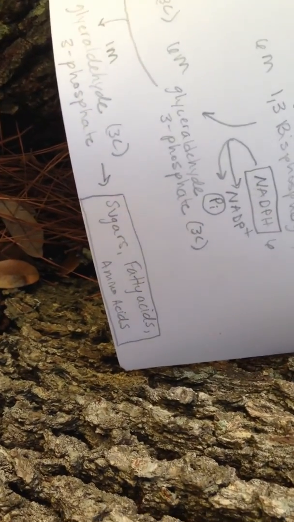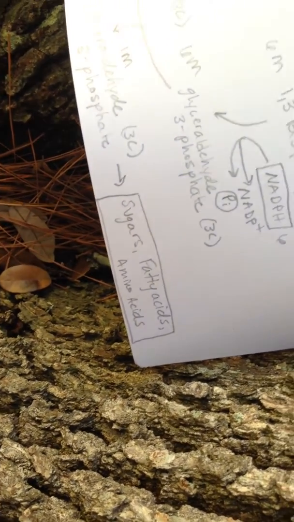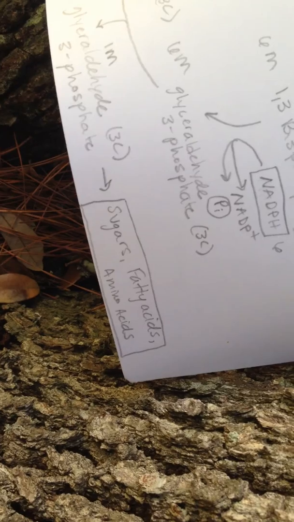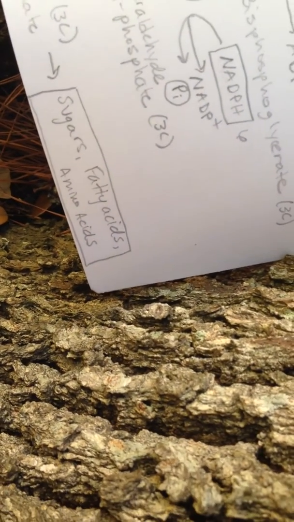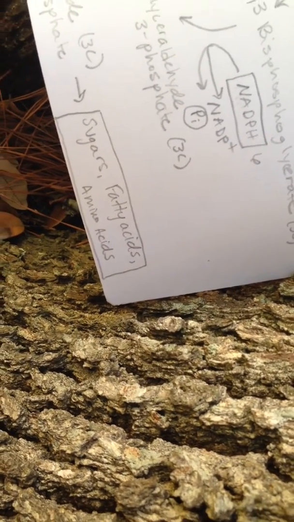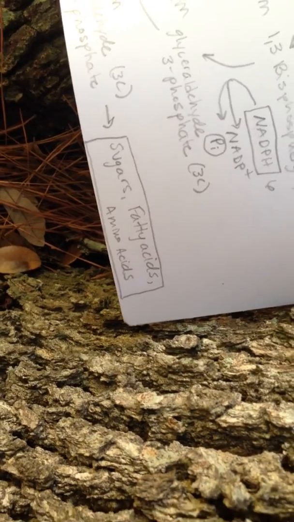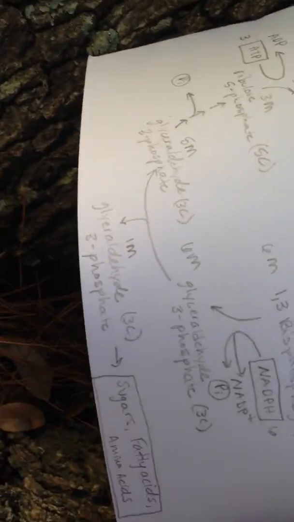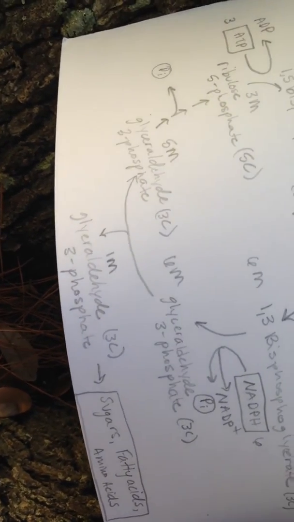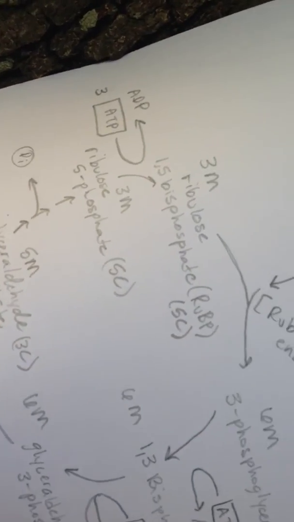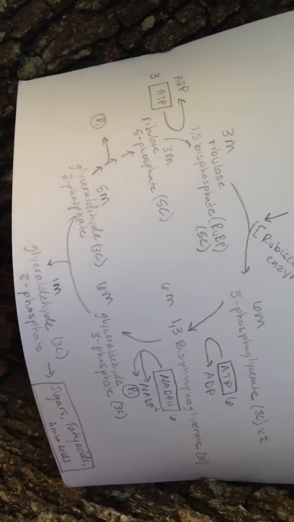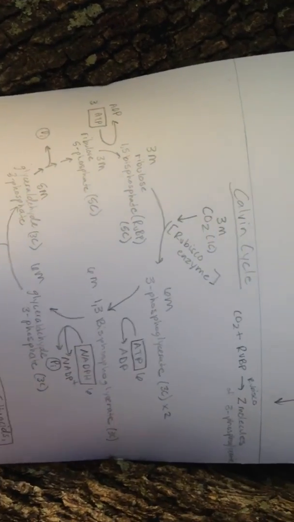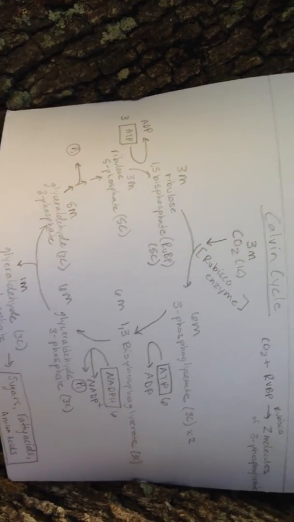That could go to cellular respiration, it can make fatty acids, it can make amino acids to make proteins, plenty of things it could do. Then after we take one of those molecules, the rest goes back in this cycle to keep producing that molecule.